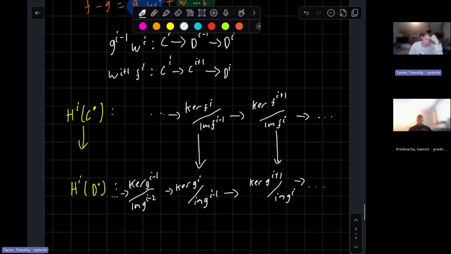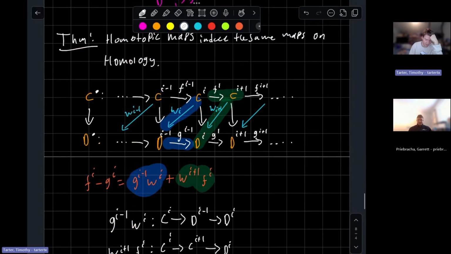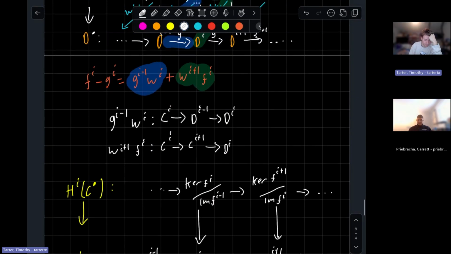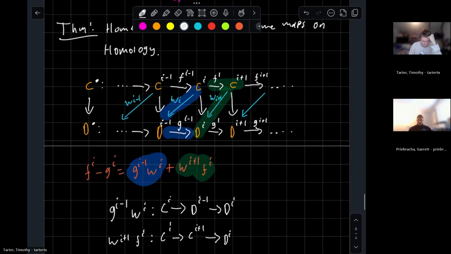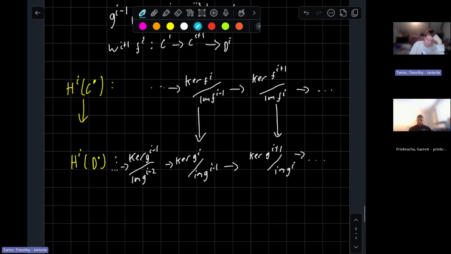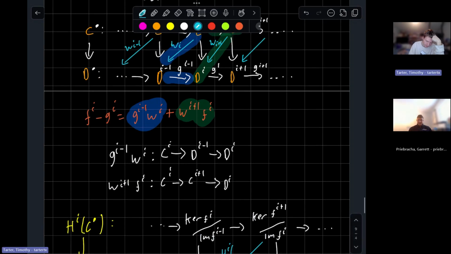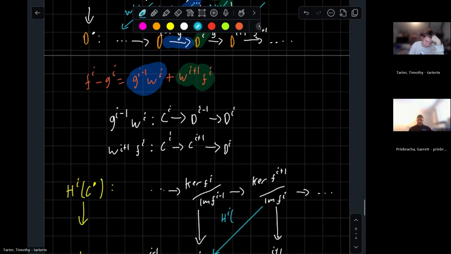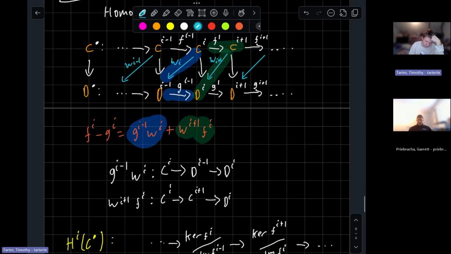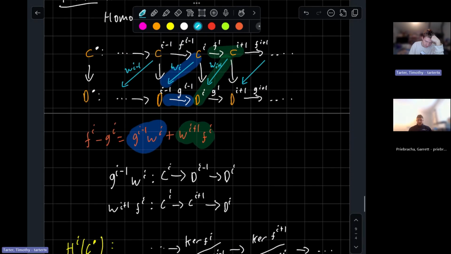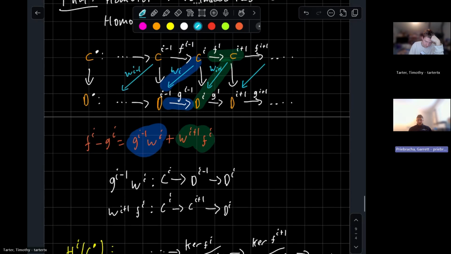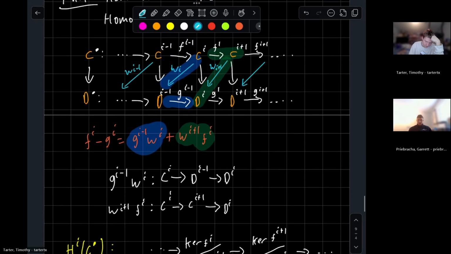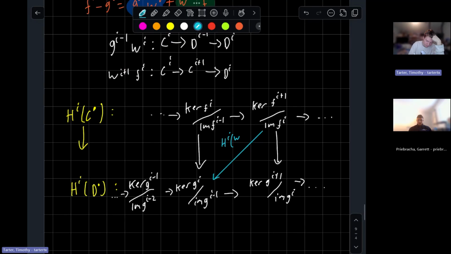I guess I'll just call it Hi. Oh, it doesn't have a name. That's fine. But now we need Hi of Wi. So we need Hi of the map. That'll be Wi plus 1.